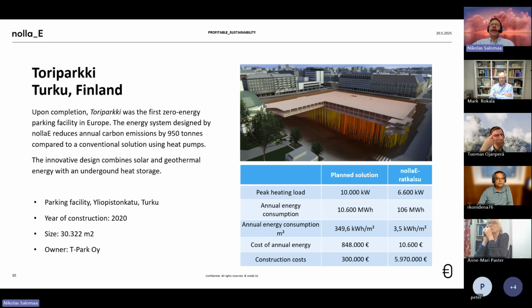By then there were only architectural drawings of the parking house and a carefully mapped map of constructional piles, because the city of Turku is built on clay. Right here underneath the market square in the city center, there is 50 meters of clay. So all the buildings built there have to be built on piles.